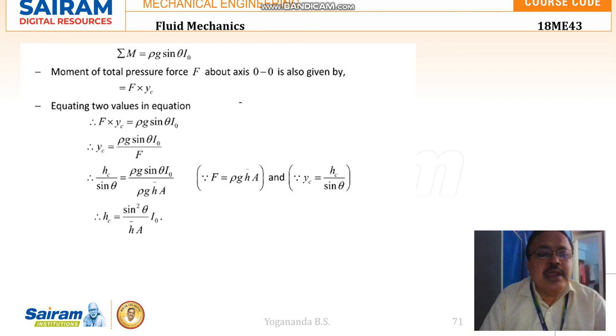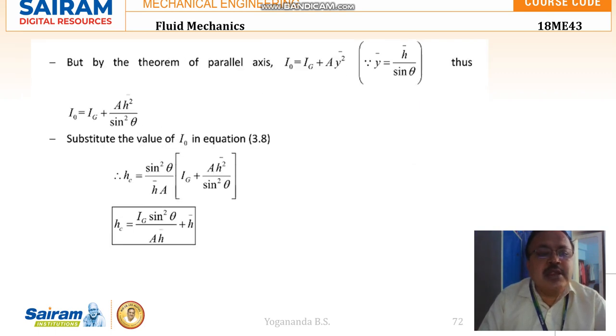Then taking the moment of the total pressure force as force into distance, equating the two moments, we get this expression. Simplifying, we get the expression. Then applying the parallel axis theorem and simplifying, we get the expression here. Thank you, friends.